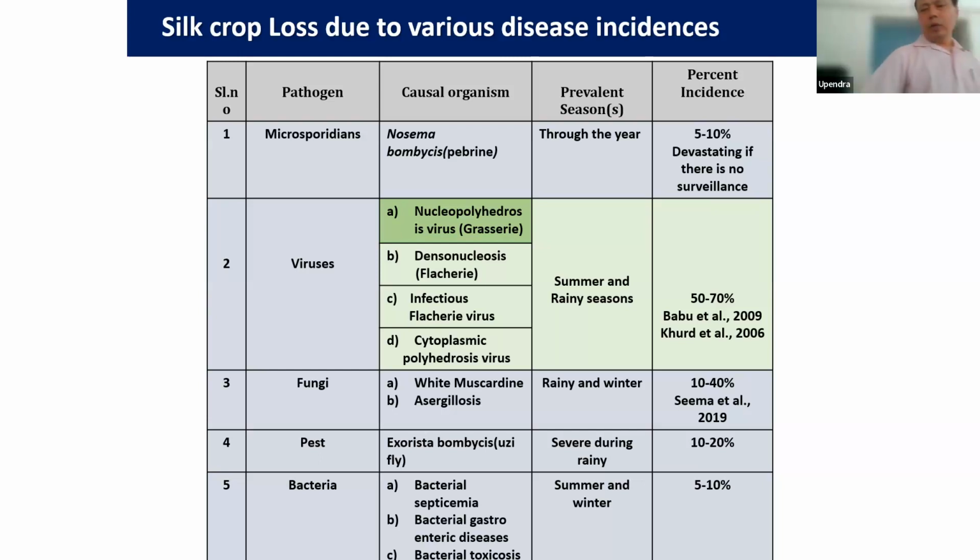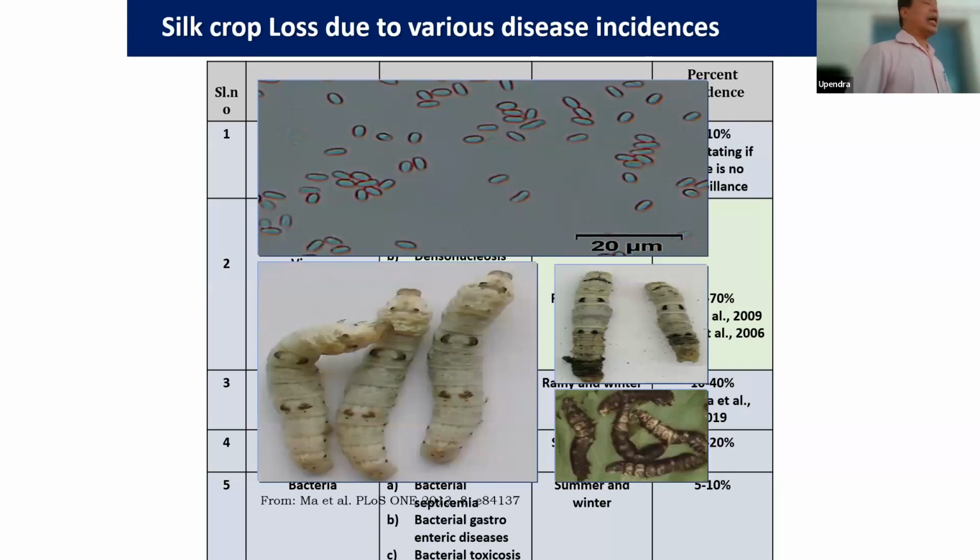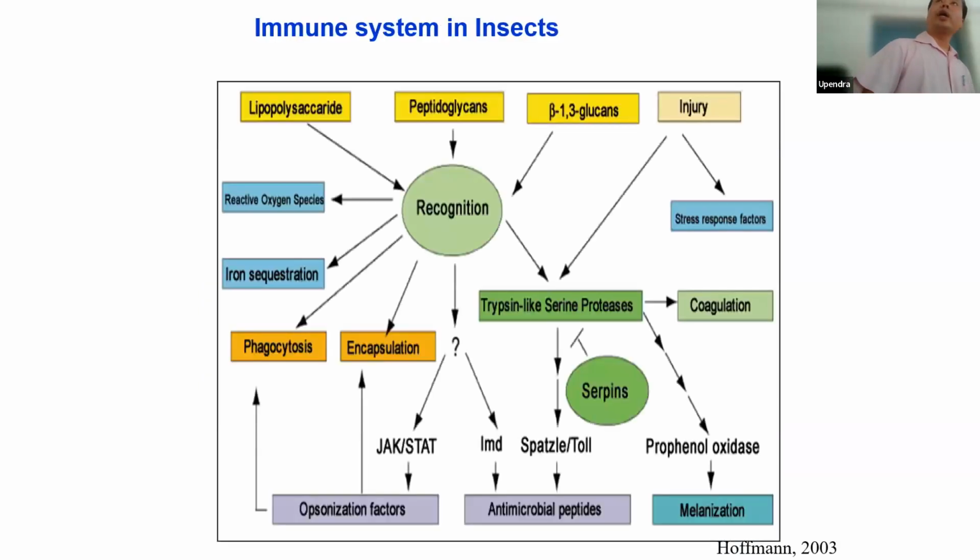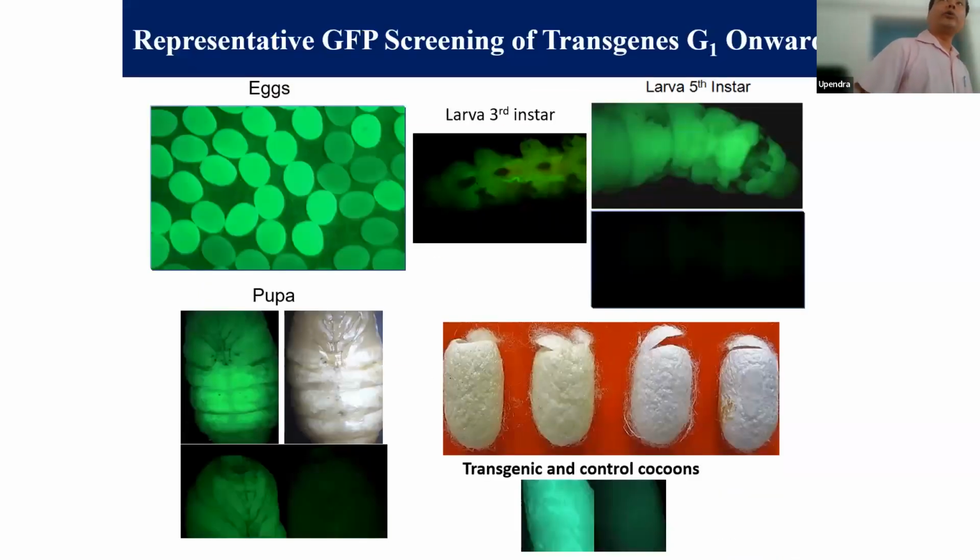So what we did is we produced the silkworms transgenically, and you can see, let's not get into it, all this green is because of those antimicrobial peptides. We tag it so that we can follow that they have the antimicrobial peptides, right? The good thing is that they should be disease resistant.